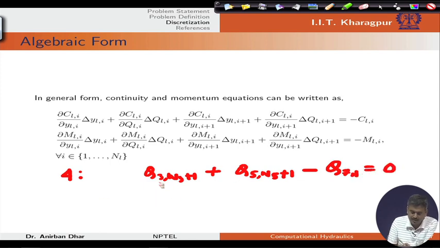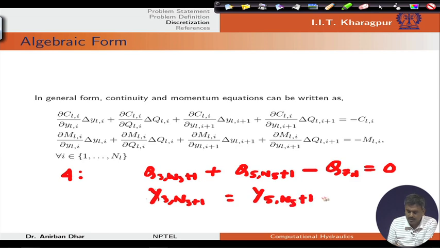So, obviously, in this case we will have Q3 N3 plus 1, and for the depth condition, y3 N3 plus 1 equals y5 N5 plus 1 and y3 N3 plus 1 equals y7 1.